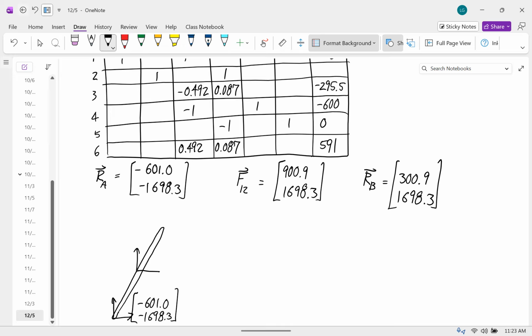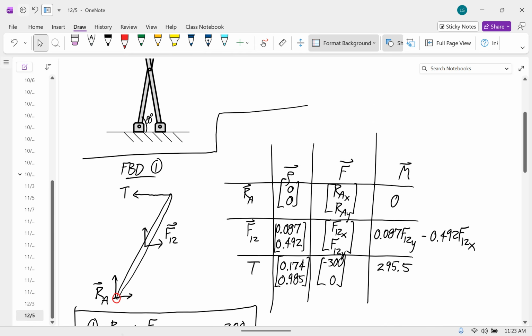We have a force at the middle of 900.9, 1698.3. And then up at the top, we just have the 300.